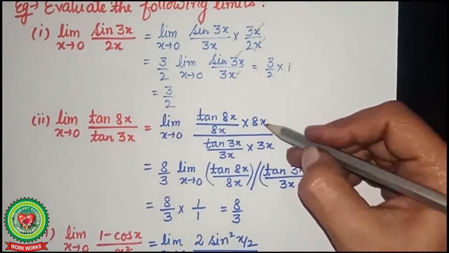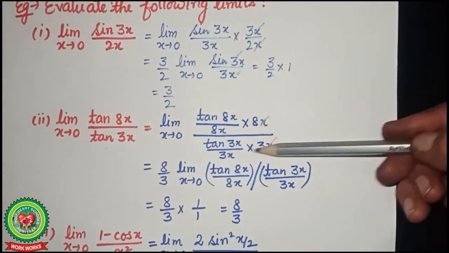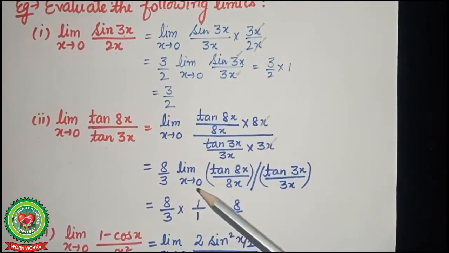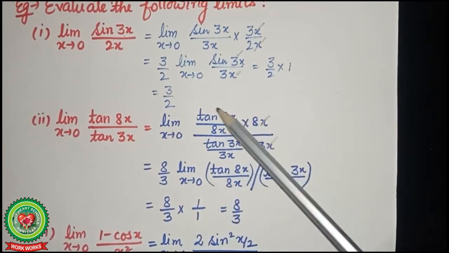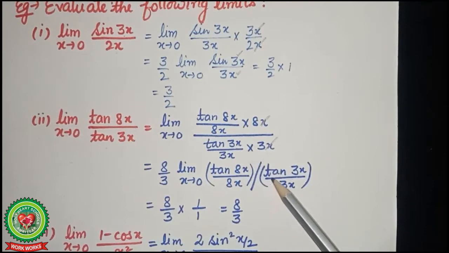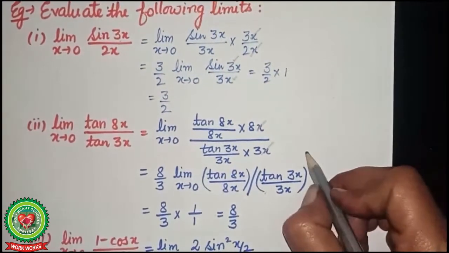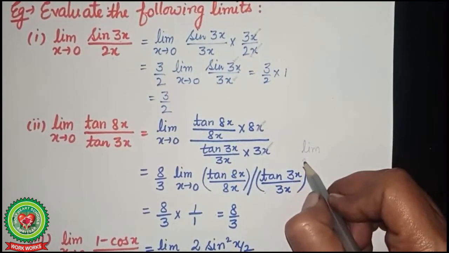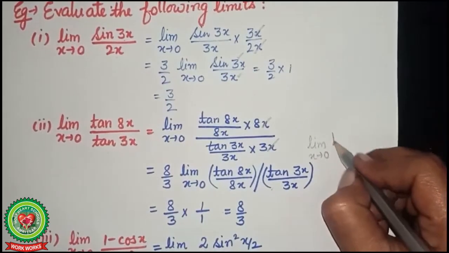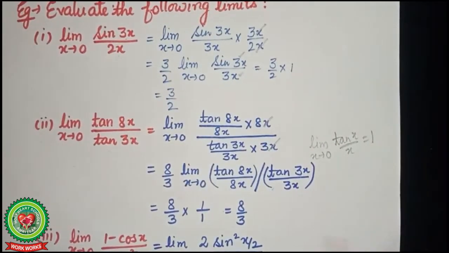Now you can see here x cancels with x, so we are left with 8 upon 3, limit as x approaches 0, tan 8x upon 8x, and in the divided form it is tan 3x upon 3x. Now in both cases we will apply the limit as x approaches 0 of tan x upon x is equal to 1.